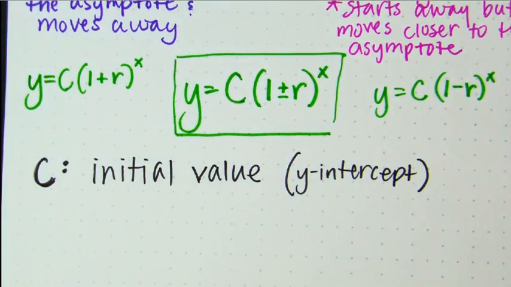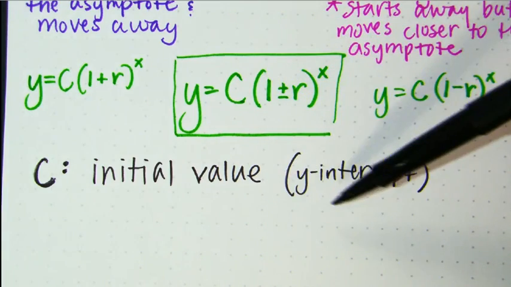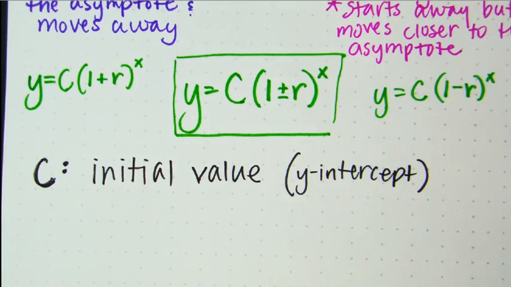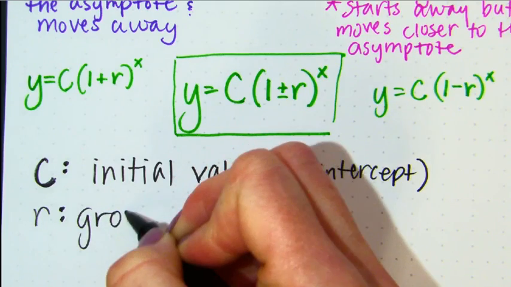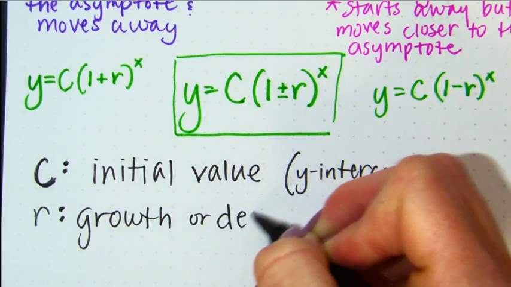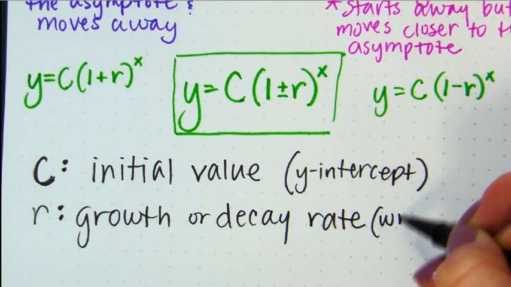Just like the a, right? Now, when we first started talking about geometric sequences, that first term was the first part of our formula, but now our actual initial value is our y-intercept. It's like the 0 term. r is our growth or decay rate, and we're going to write that as a decimal.